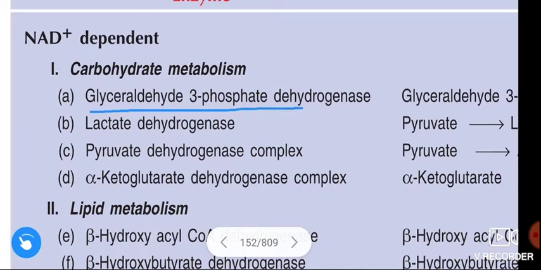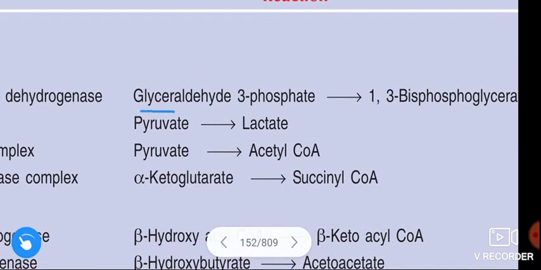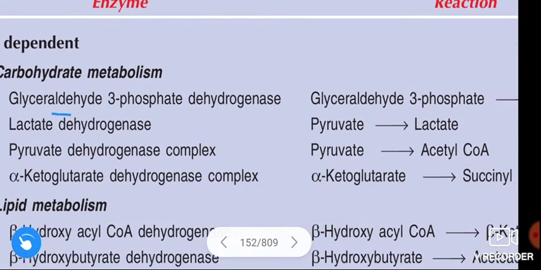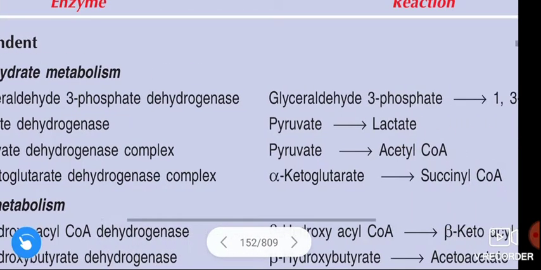Glyceraldehyde 3-phosphate dehydrogenase acts in conversion of glyceraldehyde 3-phosphate to 1,3 bisphosphoglycerate. The next enzyme is lactate dehydrogenase, which acts in conversion of pyruvate to lactate.